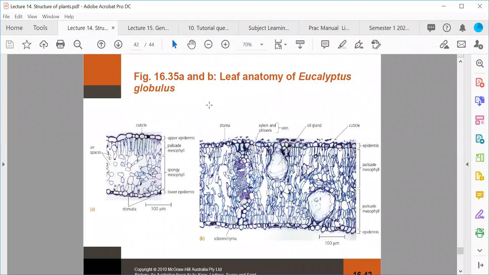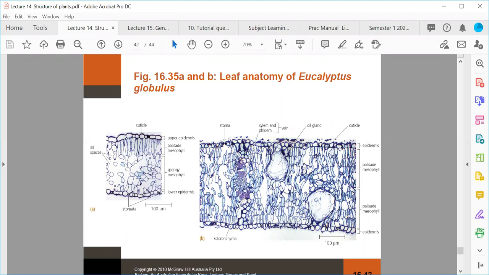All right, here we have a section of a young leaf on the left here of Eucalyptus globulus, and we can clearly see the different cell types within the leaf. So let's start at the top here, a single layer of upper epidermis, and these epidermal cells secrete that cuticle layer.